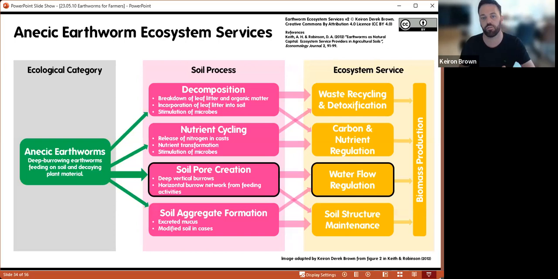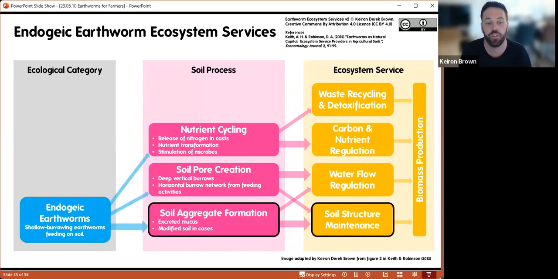So anecic earthworms are very important for that. And then with the endogeic earthworms, these are the shallow burrowing earthworms that eat mainly the soil as they're burrowing through. They're really important for soil aggregate formation. So they're creating that soil structure maintenance that we need for healthy soils.